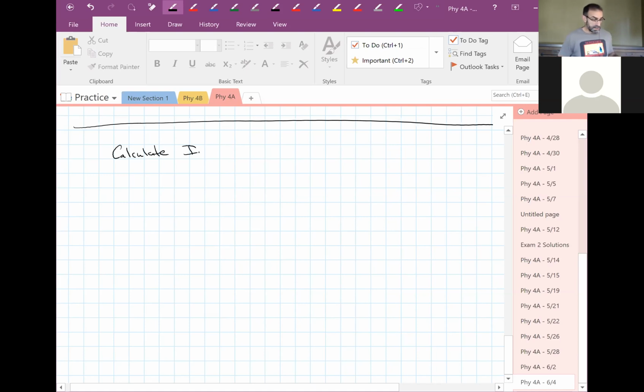Let's calculate I. We've already done a couple of these. Case one, we already did. This is a uniform rod rotating by its endpoint.